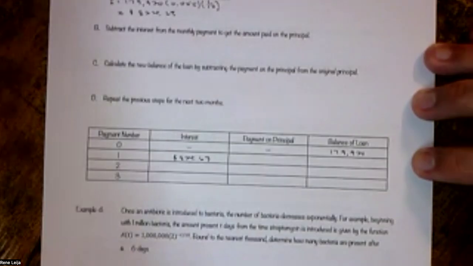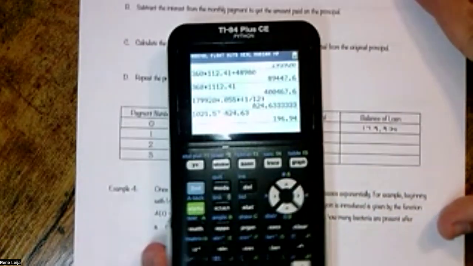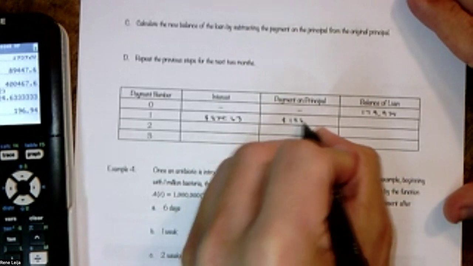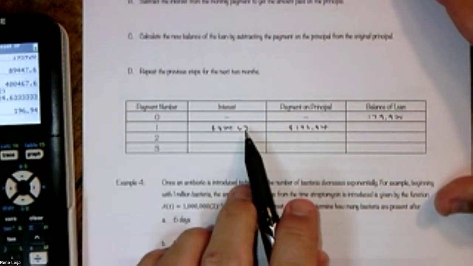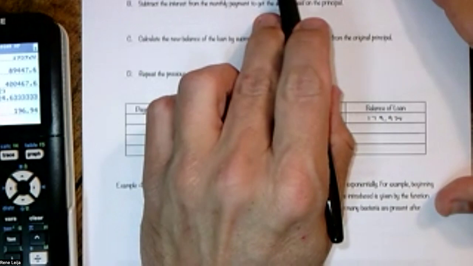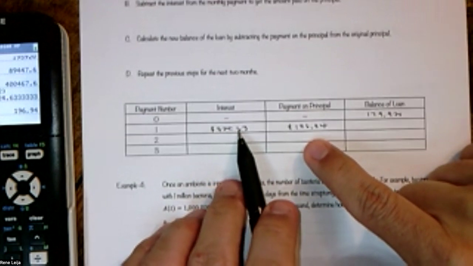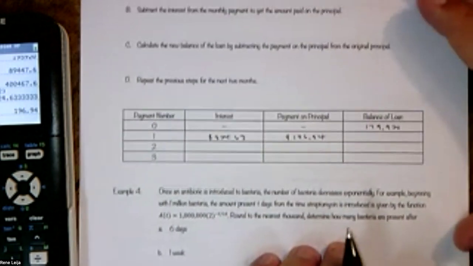I'm going to subtract the interest that we just found, the $824.63. So that means this is going towards the principal, the $196.94. All right, so if I add these two together, I'm going to get the $1,021.57. So out of that, $824.63 is going towards the interest, and $196.94 is going towards the principal.